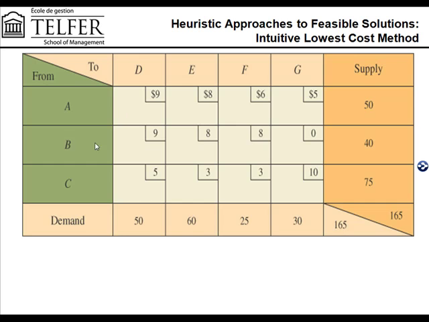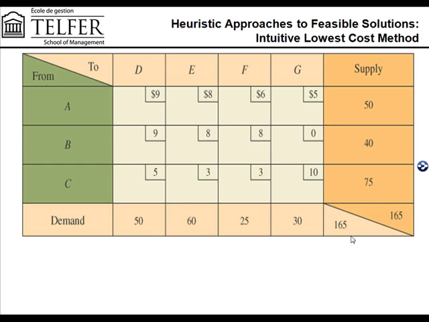In this grid, for example, transportation from C to E costs $3, while transporting from C to D costs $5. So you would try to maximize the transportation from C to E as opposed to C to D. So you start with the lowest possible cost in the grid at that point in time. So let's get started then.